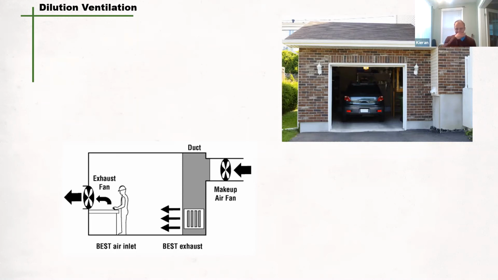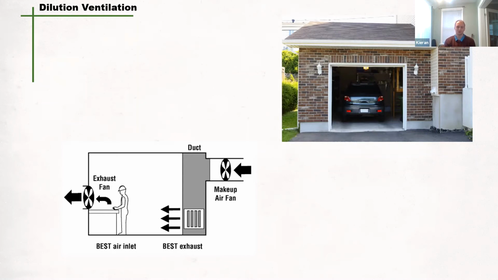A good scenario where this would be used is a car garage. If you have ever started your car in the garage, you'll know that it quite quickly creates a lot of smoke or exhaust fumes. Oftentimes those contain carbon monoxide, which is a byproduct of unburned hydrocarbons through the combustion process. They'll accumulate as a low-lying gas.